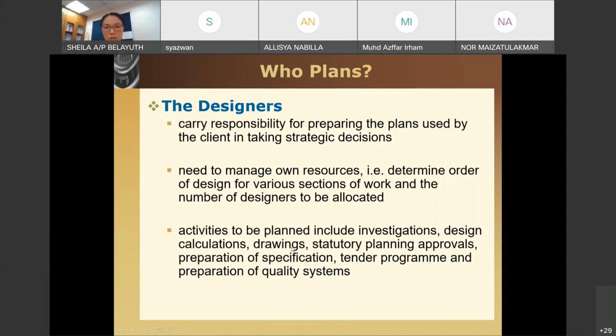Design calculation, so a drawing. You need to do the analysis, come up with the design, and you also need to attain any approval. Nowadays, I think most of the approval is done through the one-stop center and the local council. Those days, if you required the endorsement of the M&E, for example for the fire, you needed to go to the bomba. And if you required the drainage drawing to be approved, you needed to go to the Jabatan Saliran.